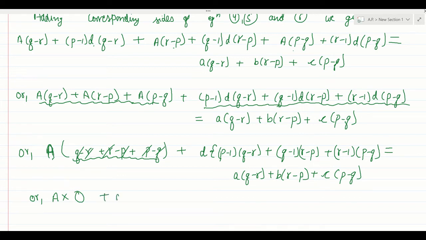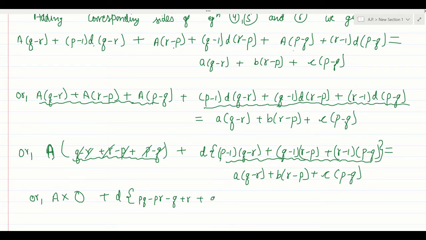Now plus d. Now let's simplify within this bracket. Let's open the bracket within the bracket. Now when we open the bracket, we are getting pq minus pr. Isn't this? Then we get minus q plus r.